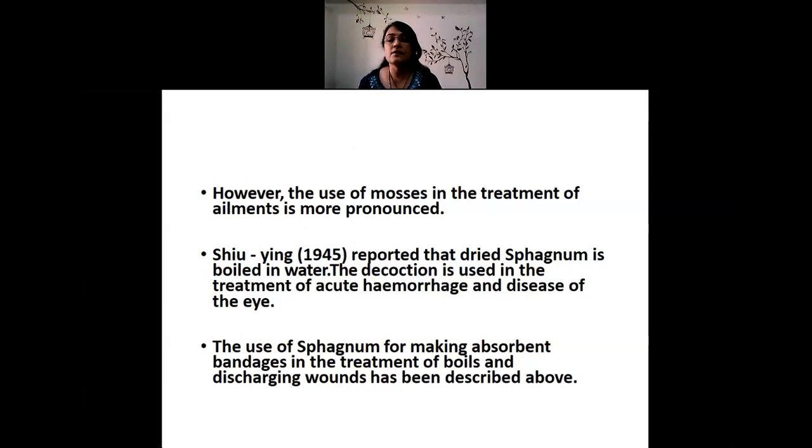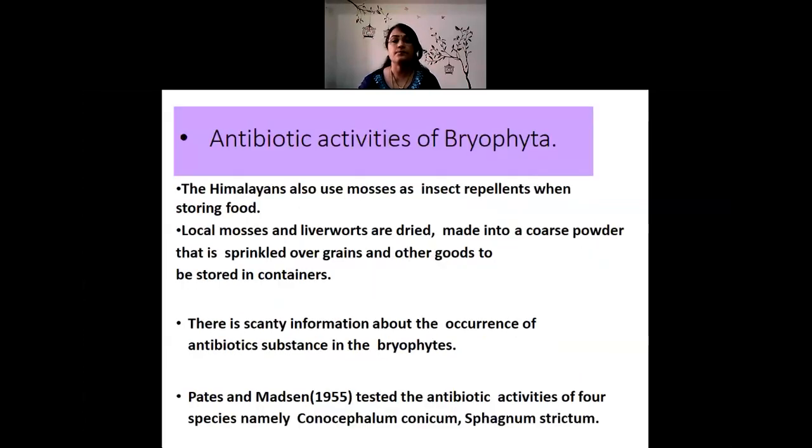It has been reported that dried sphagnum, boiled in water, is used as a decoction in the treatment of acute hemorrhages and diseases of the eye. Sphagnum is also used as a porous, absorbent material for bandages in the treatment of boils and discharging wounds.